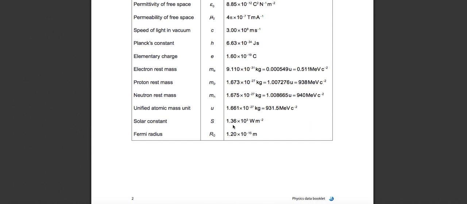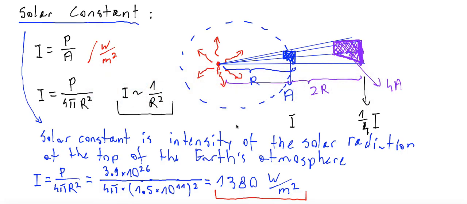It is 1.36 times 10 to the power of 3 watts per square meter. A little bit different result, probably because the distance between Earth and Sun is a little bit different. I'm going to use in my further calculations around 1.4 times 10 to the power of 3 watts per square meter. Okay, stop the video, copy this. When you are ready, we will move forward.